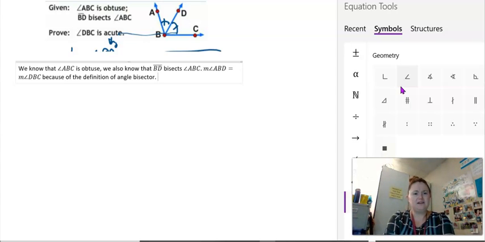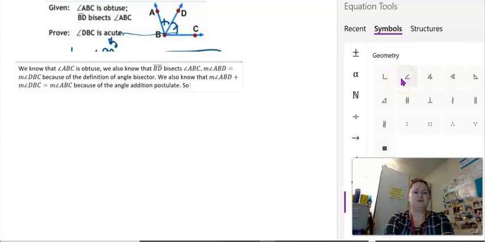We also can say that the measure of angle ABD plus the measure of angle DBC equals the measure of angle ABC from the angle addition postulate. So this is the part where if you can't really remember why, you could say something like, well, because the angles have to add up to each other. And that won't get you full credit, but it'll at least get you better than nothing.